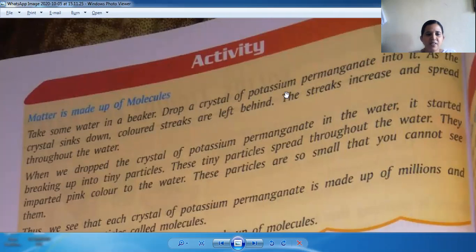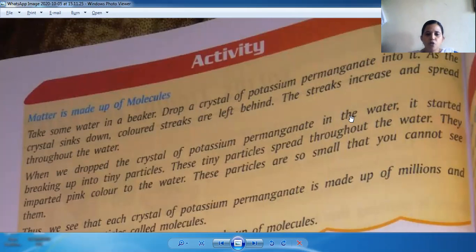The streaks increase and spread throughout the water. When we drop the crystal of potassium permanganate in the water, it starts breaking up into tiny particles.